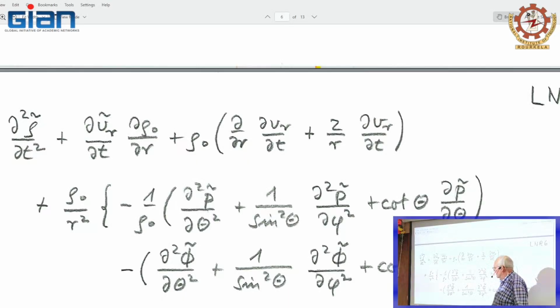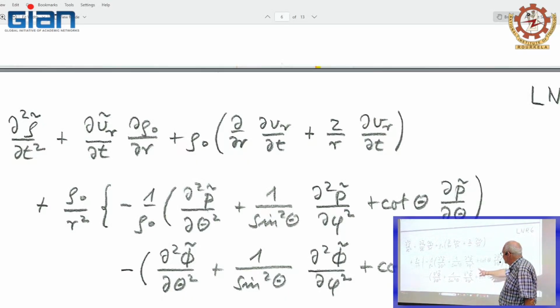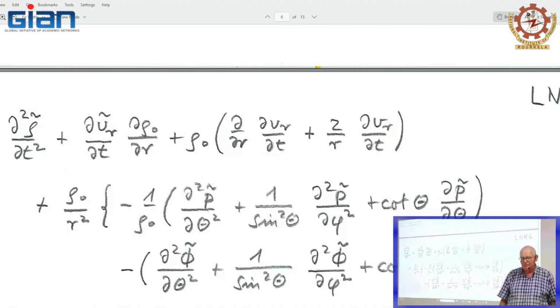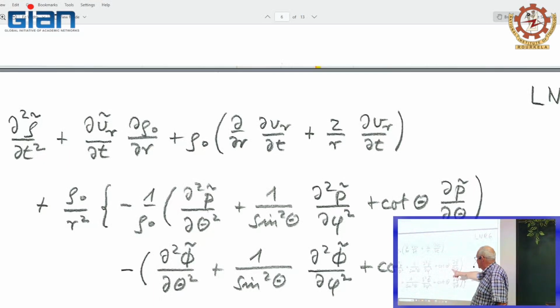we have the second derivative with respect to theta of the pressure perturbation plus 1 over sine squared theta times the second derivative of the pressure perturbation with respect to the angle phi plus cotangent theta times the first derivative.